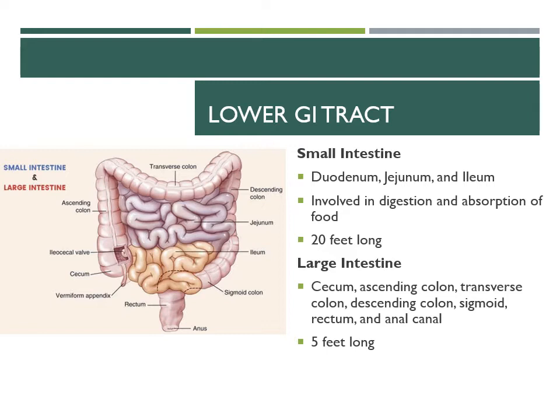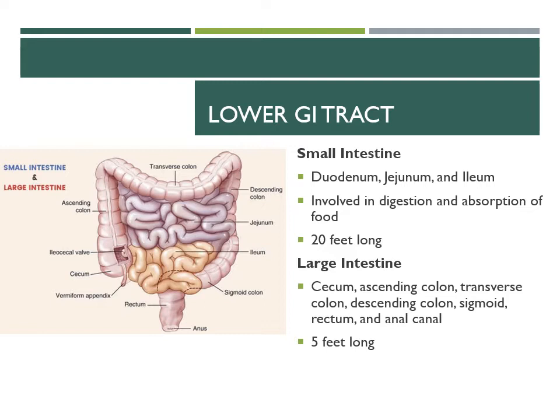The large intestine is made up of multiple parts, just so that we can identify them to each other when we're talking. So the cecum, ascending colon, transverse colon, descending colon, sigmoid, rectum, and anus, or an anal canal.